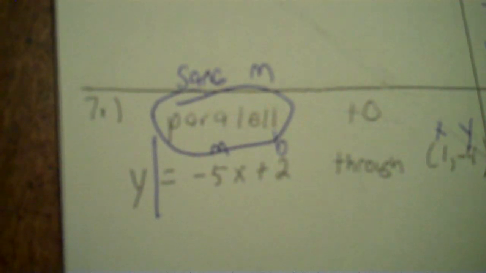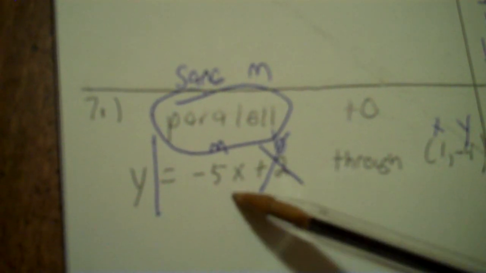What's the m in that equation? Well, y is by itself, and then it's mb. I don't care about the b, get rid of it. But my m has to be the same as the m right there. So if the m is negative 5 there, I'm going to have negative 5 here.